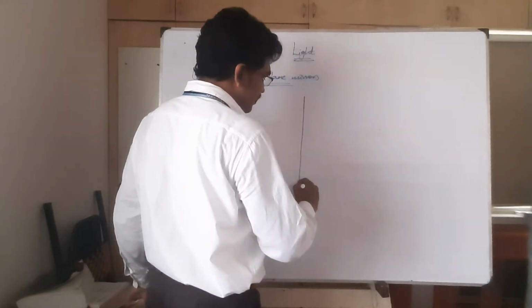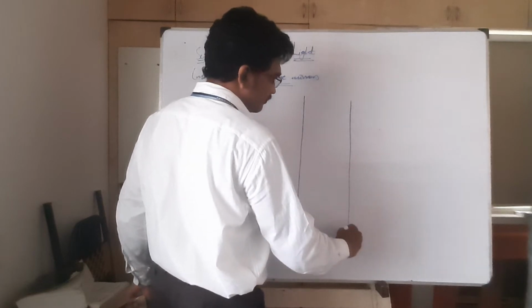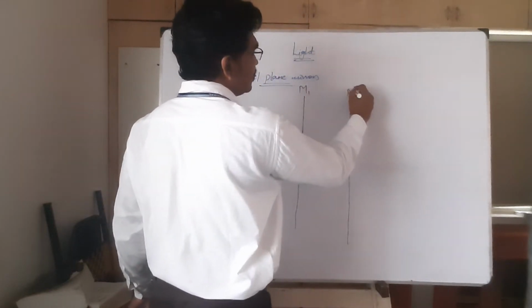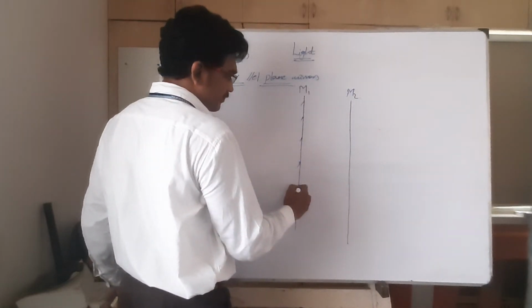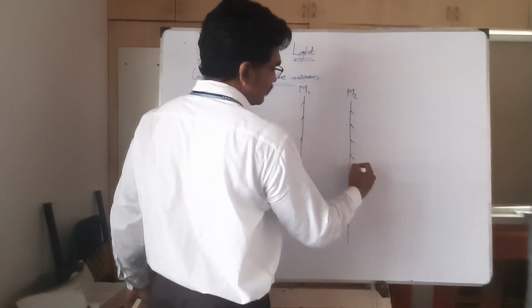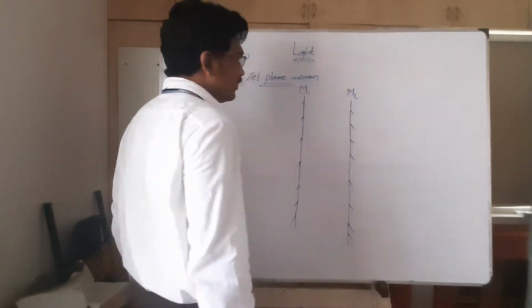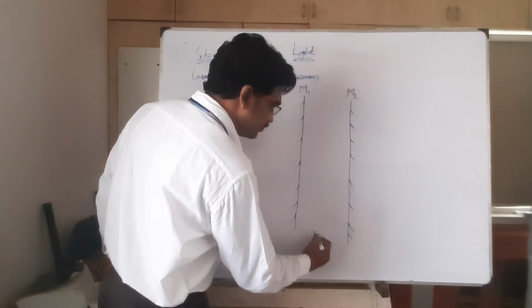Now, one mirror I have taken, and this is another mirror. This is mirror M1 and this is mirror M2. Between these two mirrors, let us assume a distance of 10 centimeters.